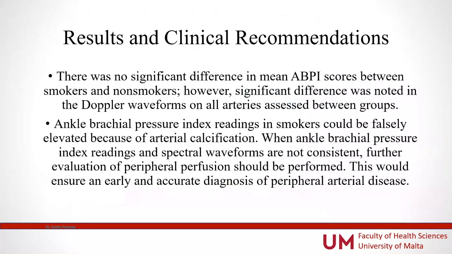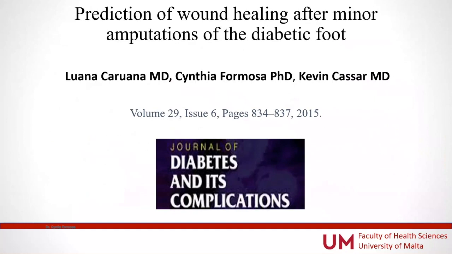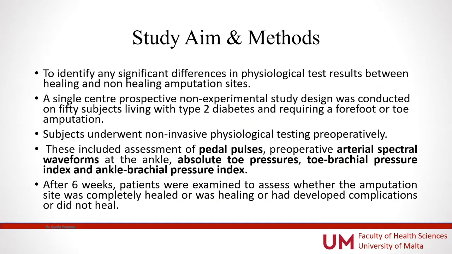It is also very important to determine the correct vascular status of our patients prior to amputations. So once again, we conducted a study, this time in a population prior to undergoing minor amputations. The aim of the study was to identify any significant difference in physiological tests between healing and non-healing amputation sites.